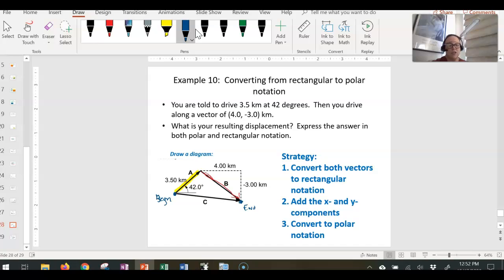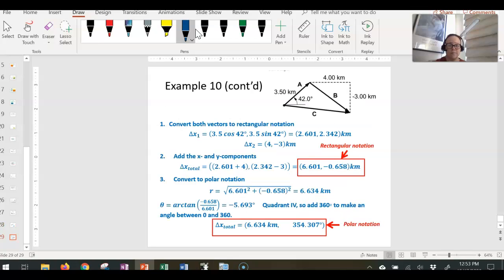Okay, so before we can add these vectors, we have to express them both in rectangular notation. Then we're going to add the x components, and we will add the y components to find vector C, and then finally we will convert that vector to polar notation.